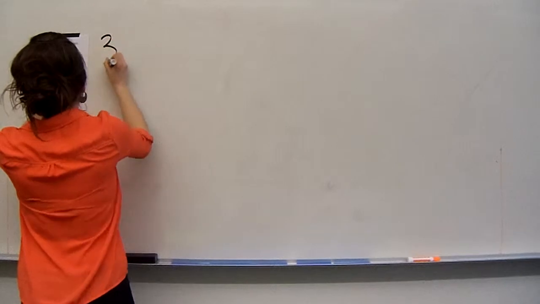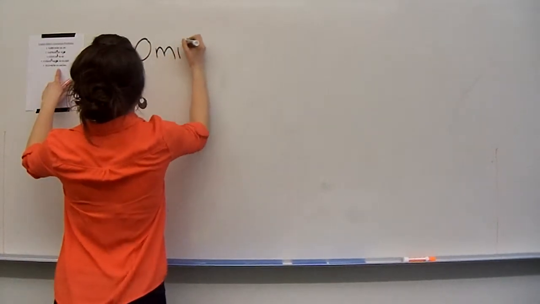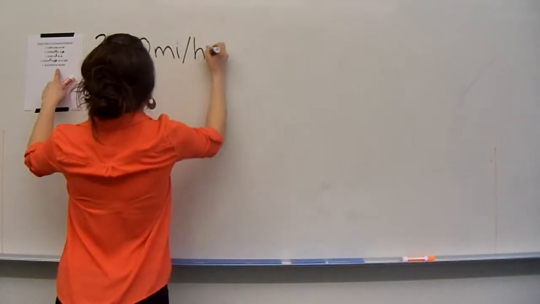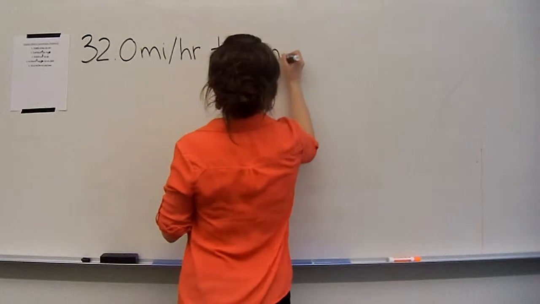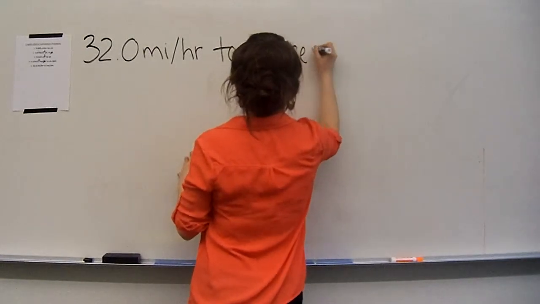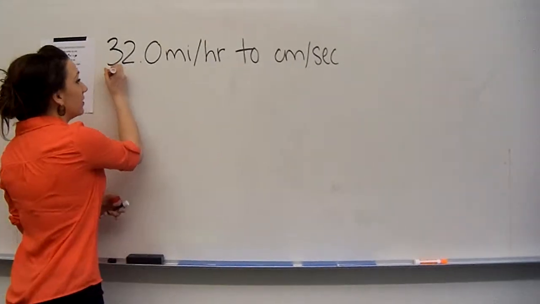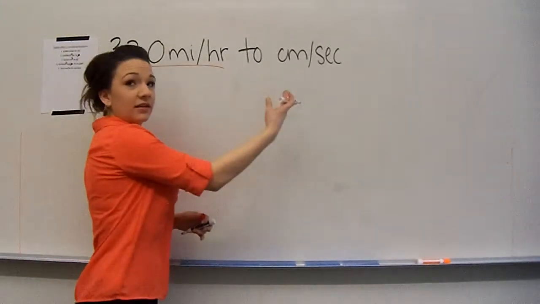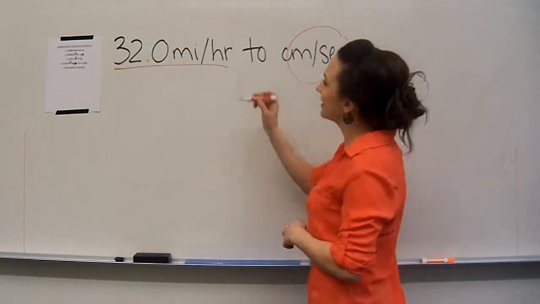And it looks like we have 32 miles per hour. And we are going to convert that to centimeters per second. 32 miles per hour is our given.